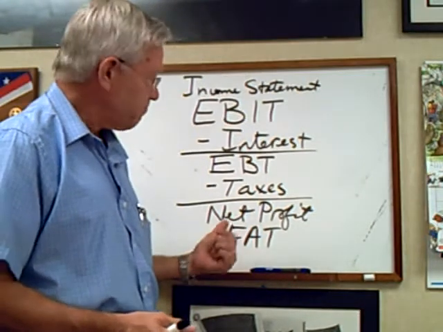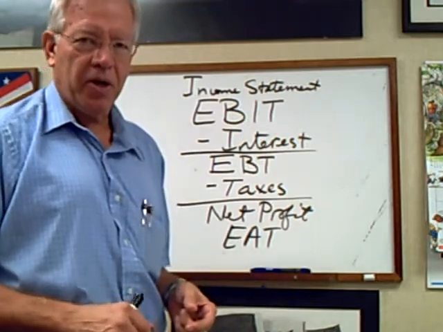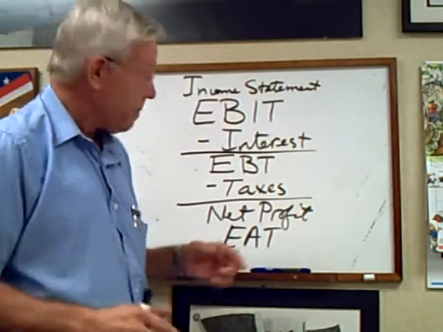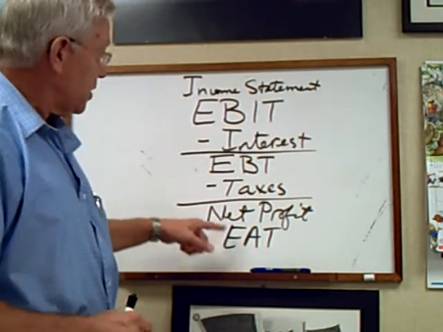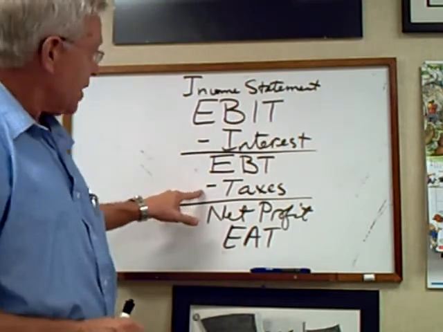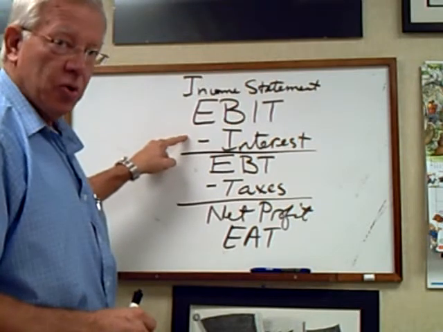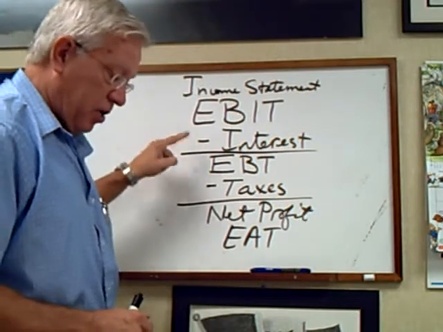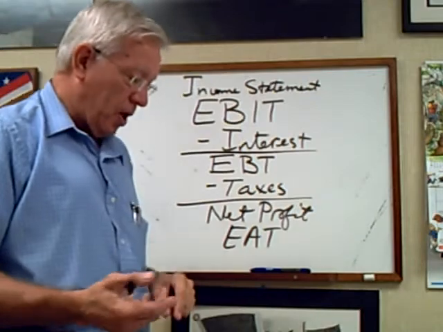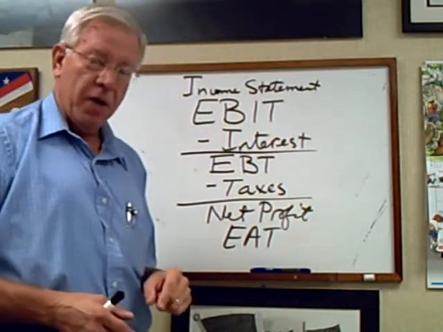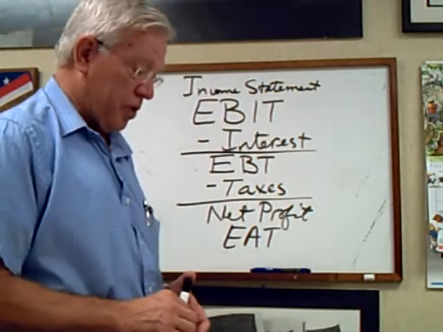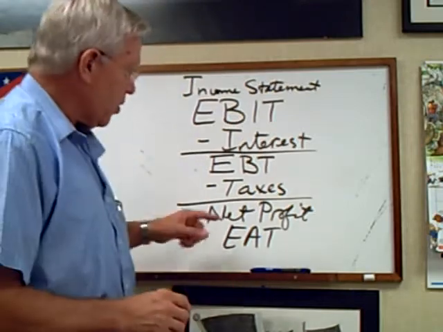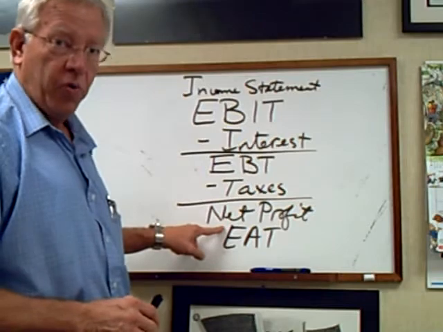If it ain't worth it, this business is probably going to shift itself around. It needs to make that net profit worth it. It can do it by trying to adjust taxes. It can do it by trying to adjust interest. It can do it by trying to adjust its selling and admin expense, or finding lower price suppliers for its costs of goods sold in order to try to make that worthwhile.